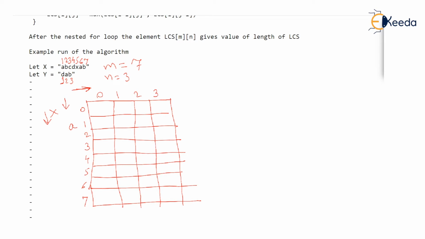So the letters of X, as you see, are A, B, C, D, X, A, B. Check, these are the letters of X. And indeed, the first letter of X is A, and the last letter of X is B, the seventh letter. Isn't it so? And the letters of Y I am writing in front of the columns. So that is D, A, B. Check, these are the letters of Y.